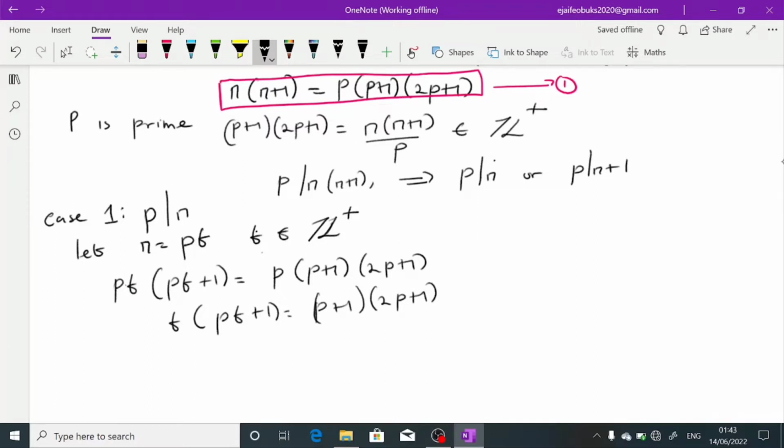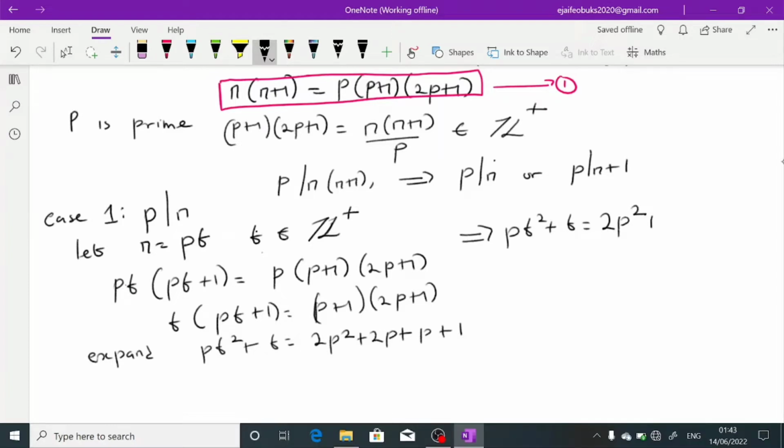Then we expand: pt squared plus t equals 2p squared plus 2p plus p plus 1, so pt squared plus t equals 2p squared plus 3p plus 1.